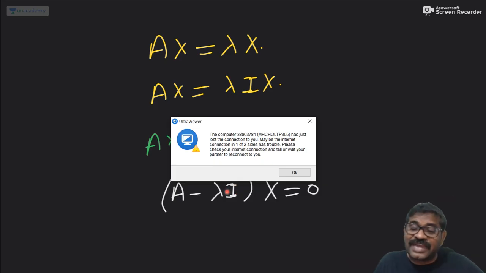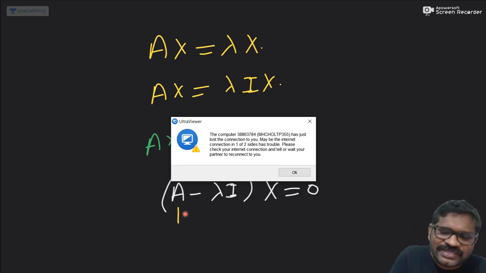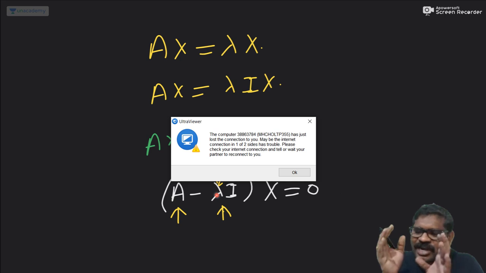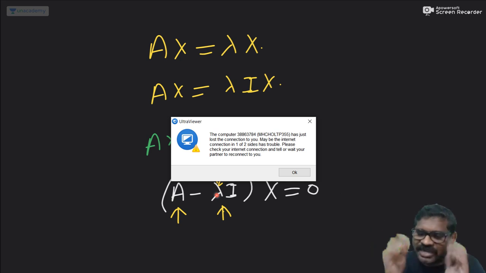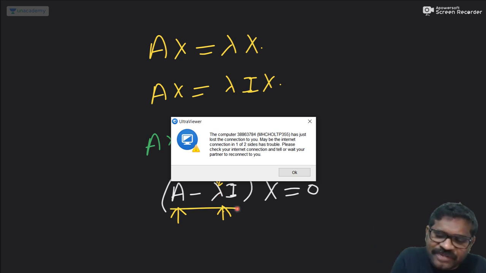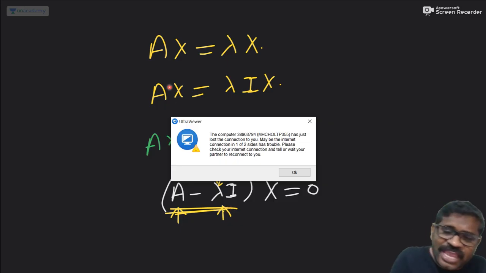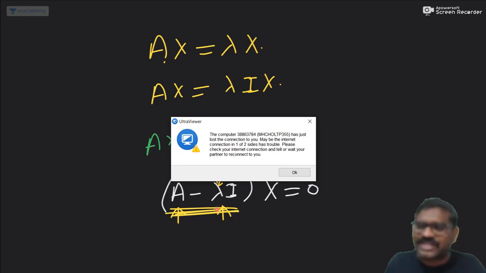A minus lambda I, A is a matrix. Lambda I is also a matrix, because I is the identity matrix and lambda is a constant. If you multiply the identity matrix with a constant, you will get a matrix. So the difference between two matrices is also a matrix. If A is n cross n, A minus lambda I is also n cross n.